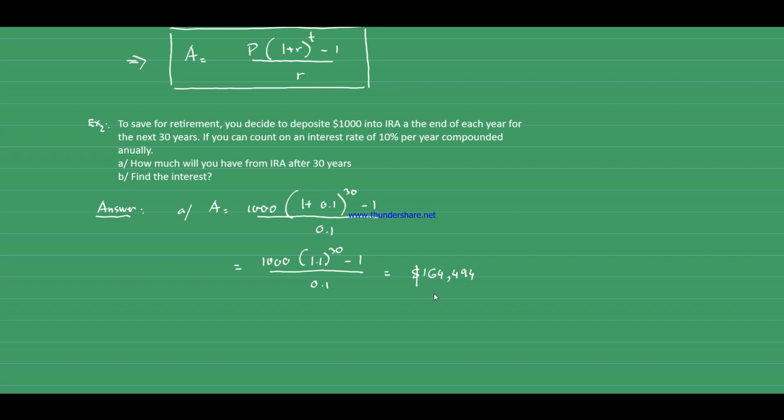Think about it: if every year you put $1,000 in, after 30 years you have only $30,000, right? But because this is an IRA investment with interest, after 30 years you have $164,000. You have a lot more money.